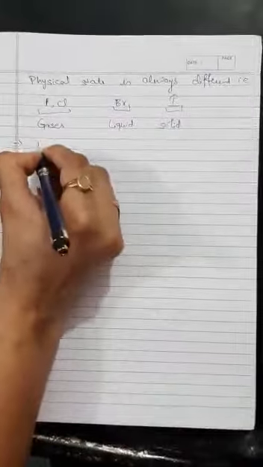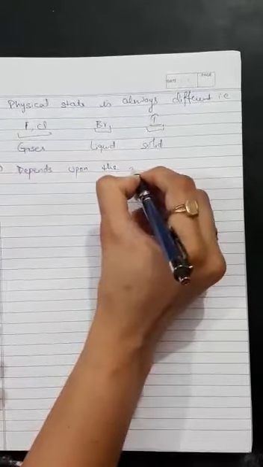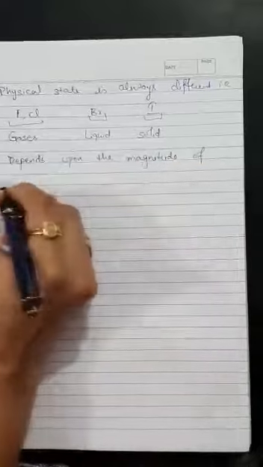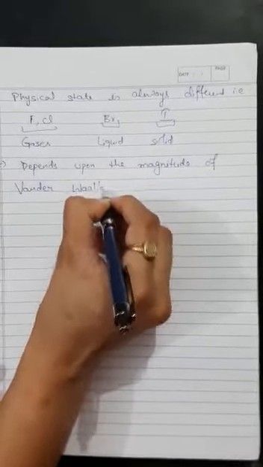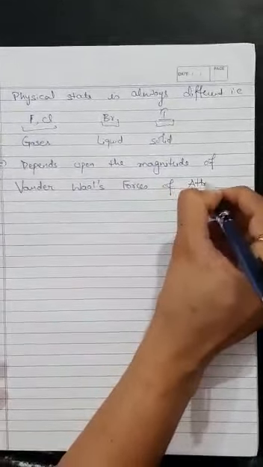Why is this so? The variation in their physical state depends upon the magnitude of van der Waals forces of attraction.